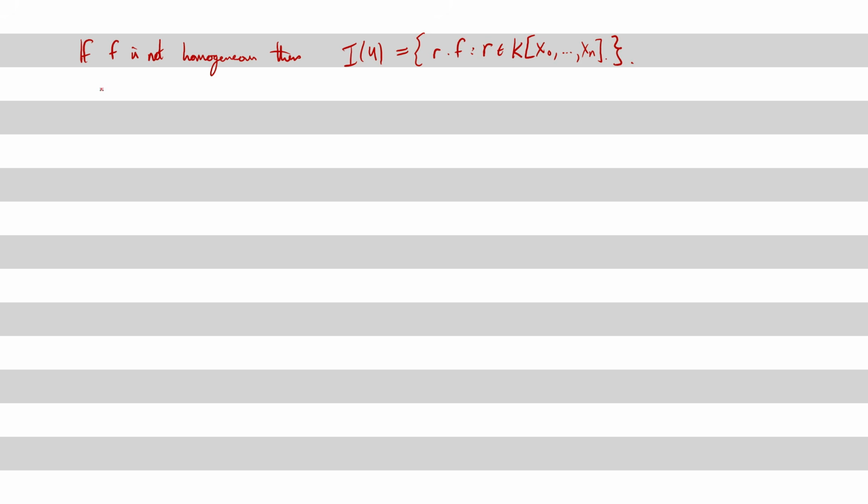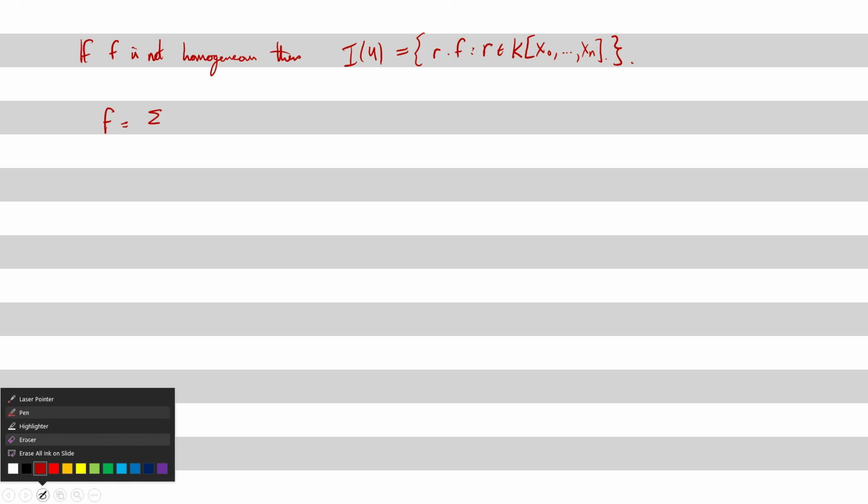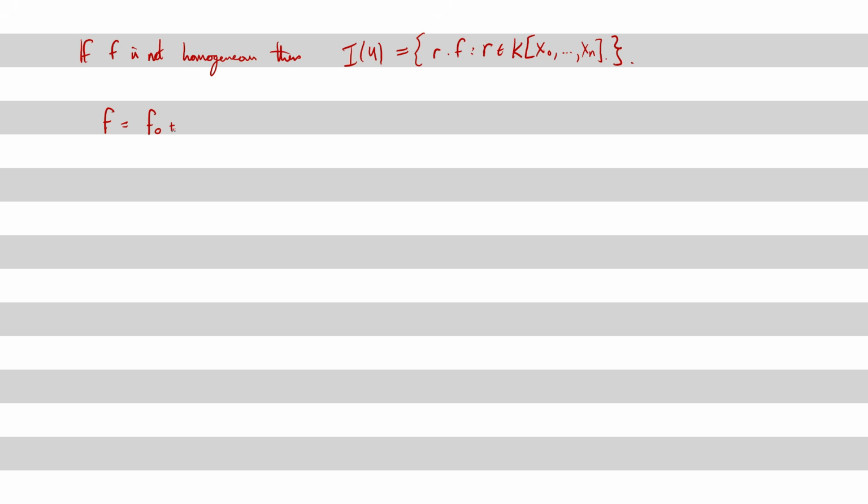Now, f is equal to the sum of its forms. Let k be the minimum such that f_k is non-zero.